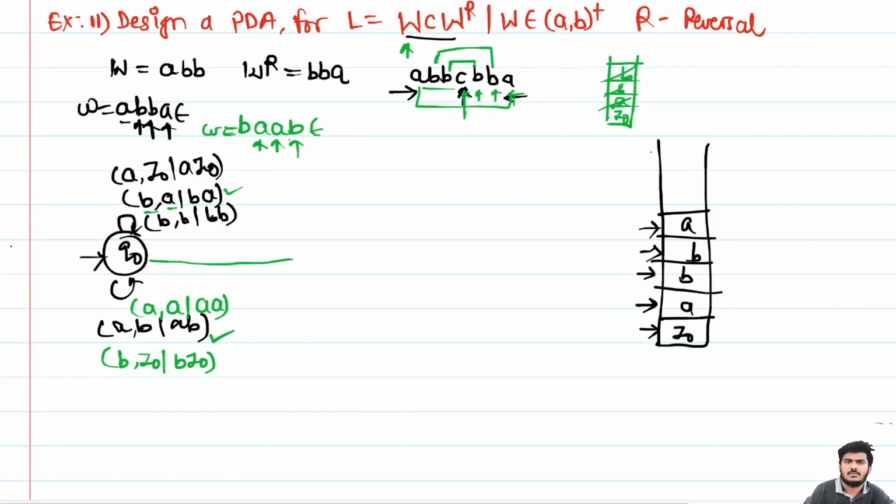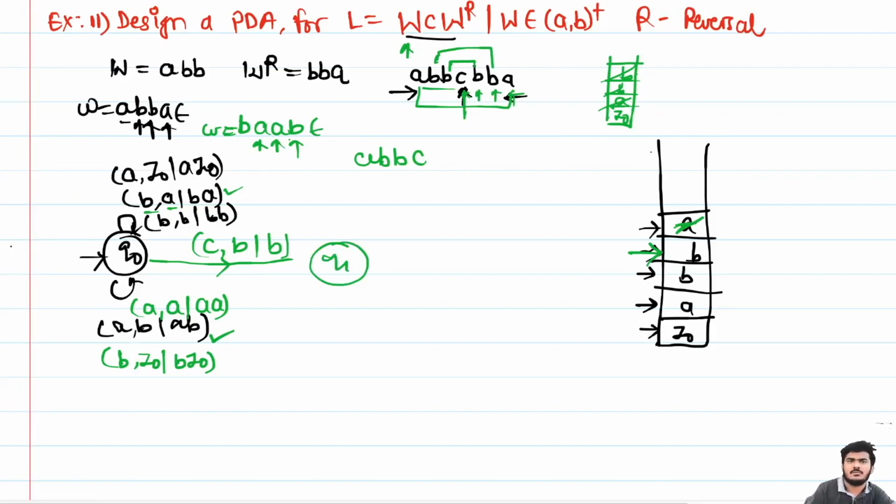And finally, if we get a string like this, suppose W is equal to ABB and now C occurred. So I will cut this A and ABB. This is the same. And C occurred. Whenever C occurred, what will I do? When input is C and top of the stack is B, in this case I will leave that as it is, B only, and I will move to the next state Q1.